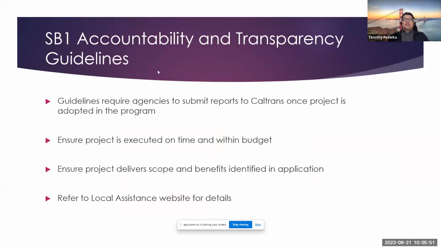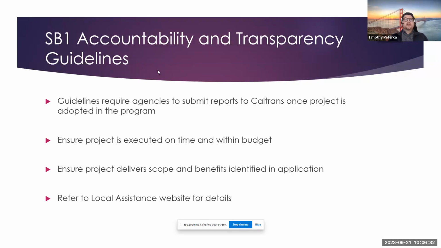So you're here in this webinar, you have a project that's been adopted into the ATP program, and by being adopted into the ATP program, you're also required to submit reports to Caltrans to report on progress of that project and that program. Right, so this is to meet the SB1 accountability and transparency guidelines, and ultimately the goal of the guidelines is to ensure that through these reports the project is being executed on time, that it's being built within budget, and that it also is delivering the scope and the benefits that were identified in the application.